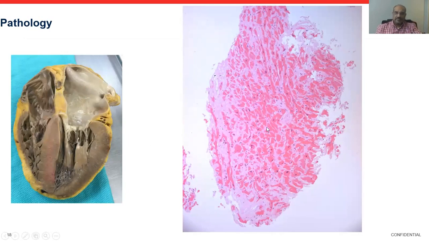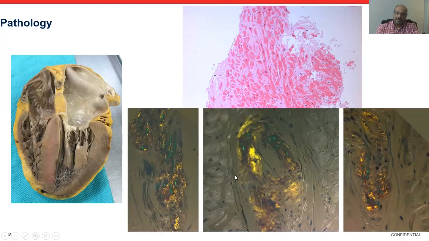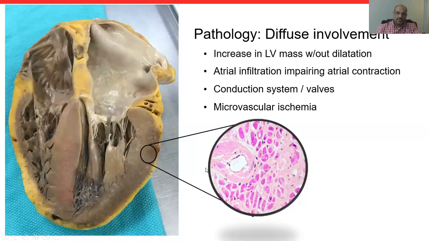This is the hematoxylin and eosin stain showing the widespread sheets of amyloid between the myofibrils and compressing the myofibrils. And this is the Congo red stain, which is specific for amyloidosis.